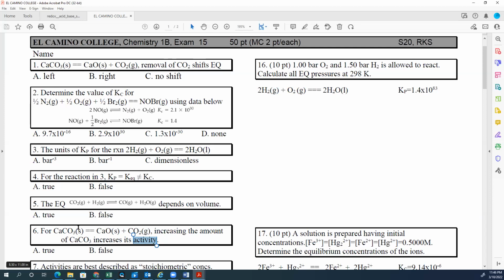This is different than something like, if you have 18 molar sulfuric acid versus 0.1 molar sulfuric acid, are they the same? No, not at all.